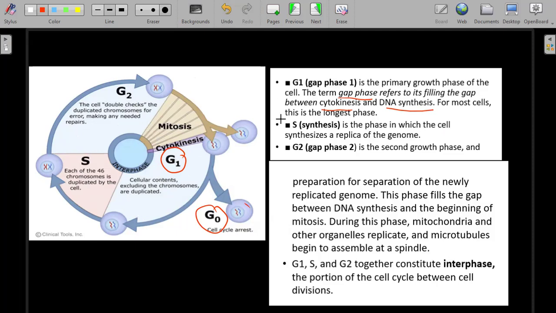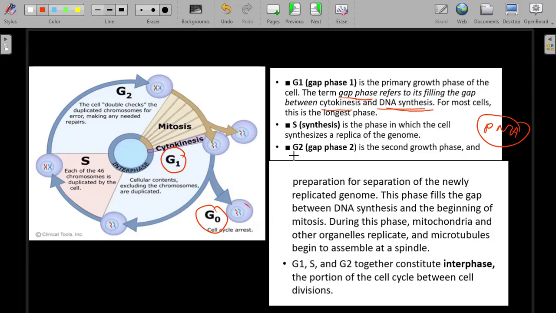Then you go into what we call the S phase. Like we mentioned, in the S phase you have your DNA synthesis. The cell will synthesize your DNA, and your DNA will undergo DNA replication, so you form a new DNA strand.